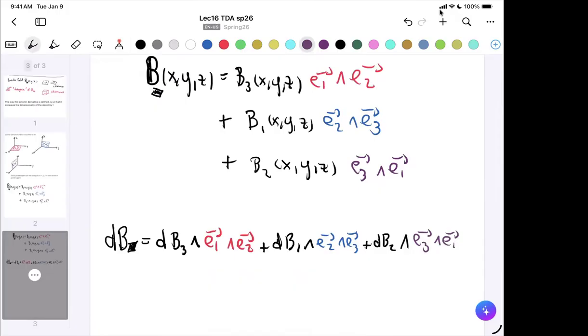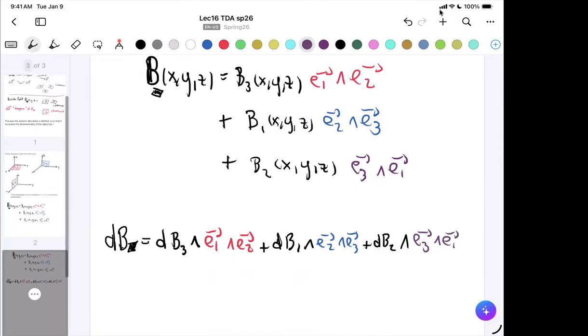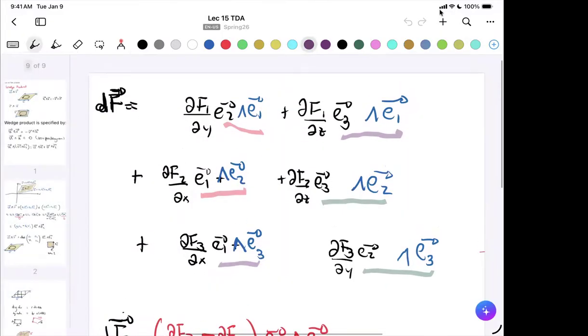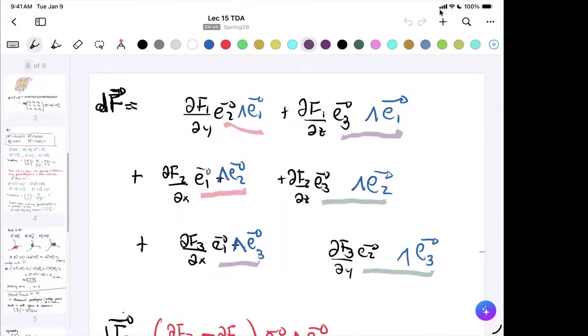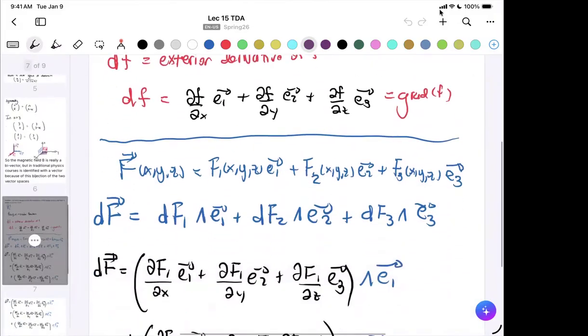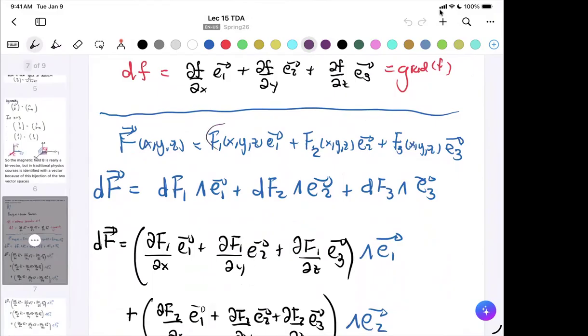Maybe just to go back for a second to the formula from a week and a half ago, that is essentially what I was doing here with the curl, right? I had a vector field, and I defined its derivative just by taking the derivative of each of the coefficients, wedge the thing that was left.